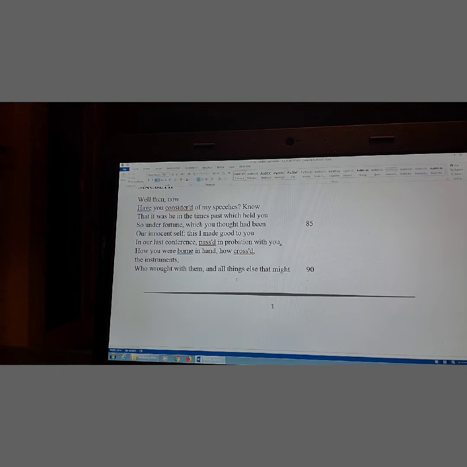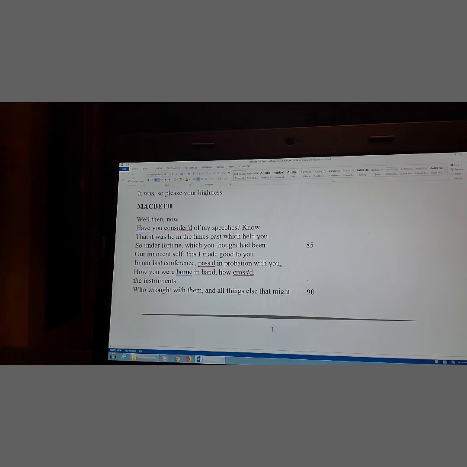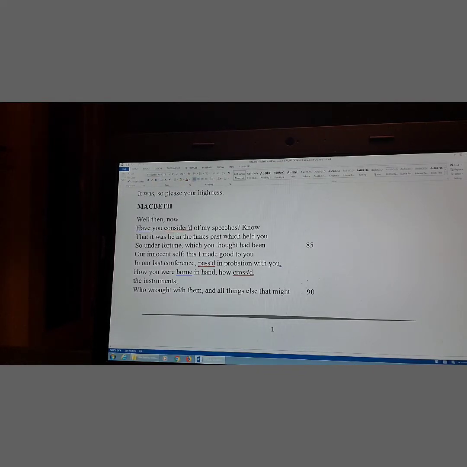Then was he in times past which held you under fortune, which you thought had been our innocent self. Okay, so we want to stop there, right? Here, when he says he, and again, these murderers are here to kill who, right? He kind of says it more explicitly later, but we've already talked about this, it's no surprise.